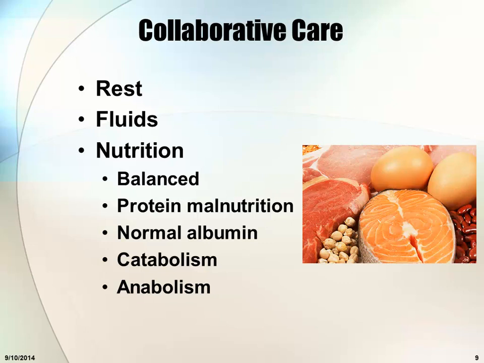Pathophysiology. Well, inflammation causes catabolism. Remember, that's where the body tissues are being broken down. And so we want to be in anabolism, don't we? We want to be where the tissues are being built up. And so protein actually encourages and promotes this anabolism.